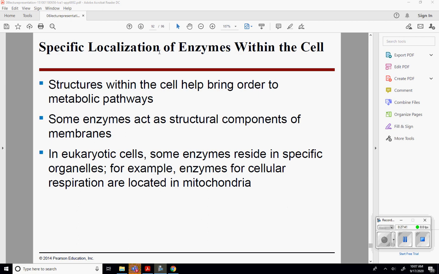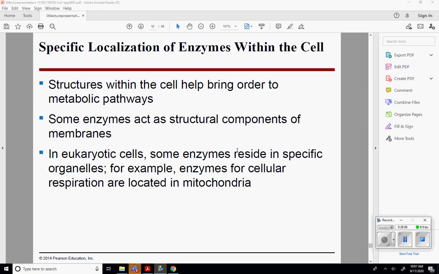And then specific localization of enzymes within the cell. Structures within the cell help bring order to metabolic pathways. Some enzymes act as structural components of membranes, so they can be embedded inside those membranes in cells.